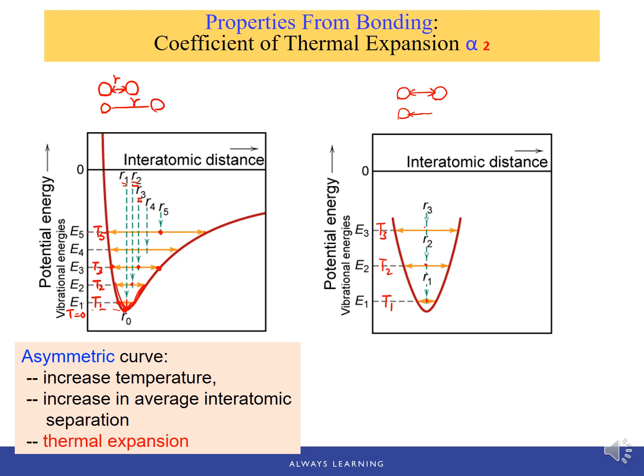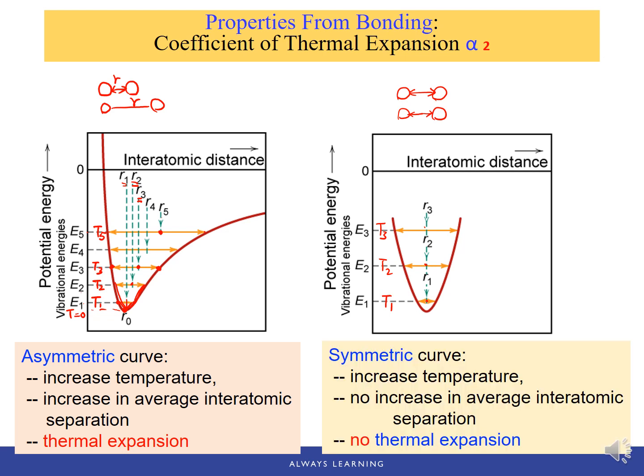That means the dimension of the material doesn't change, unlike with an asymmetric curve. So for a symmetric curve, when we increase the temperature, there's no increase in average interatomic separation. That means there's no thermal expansion.